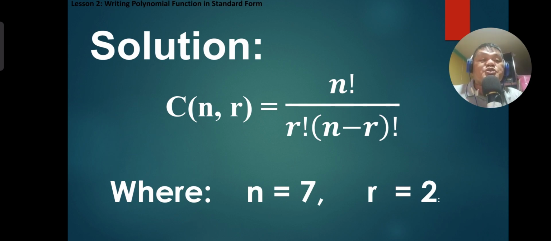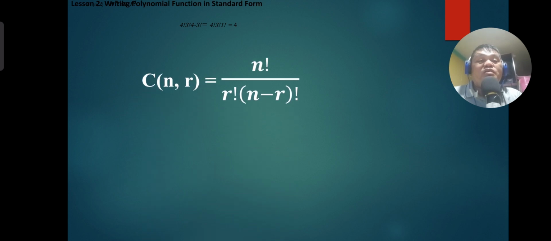So we are going to use the formula of finding the combination of n things taken r things at a time. From our given problem, we have n equal to 7 and r equal to 2. Other questions?